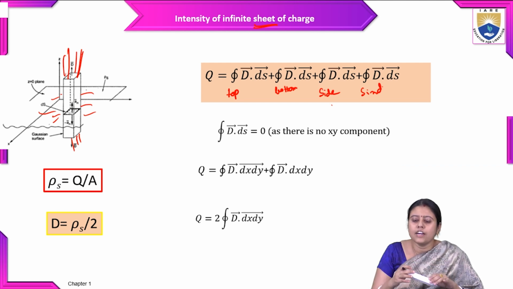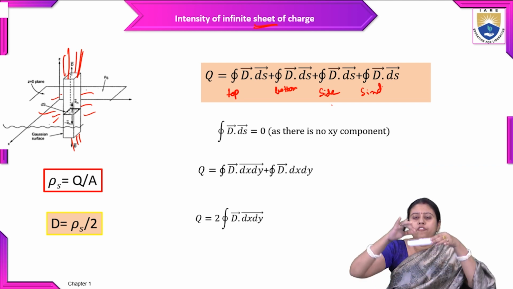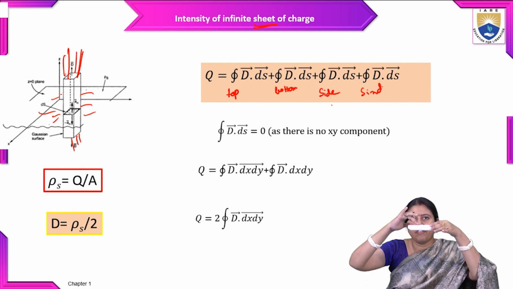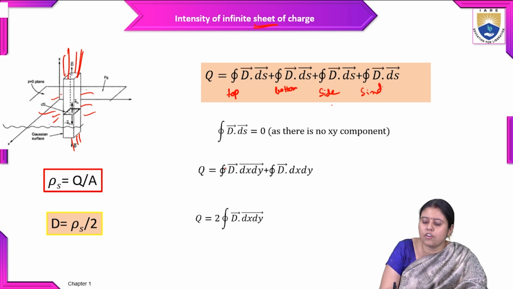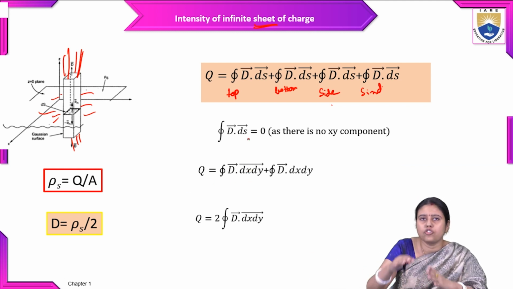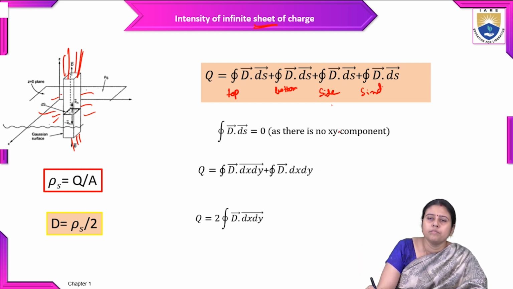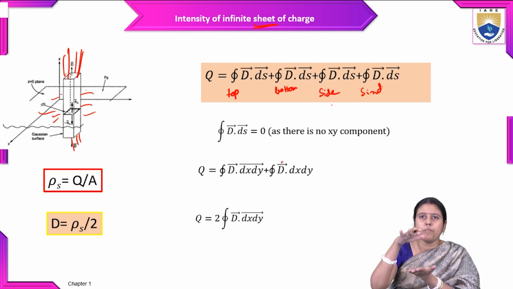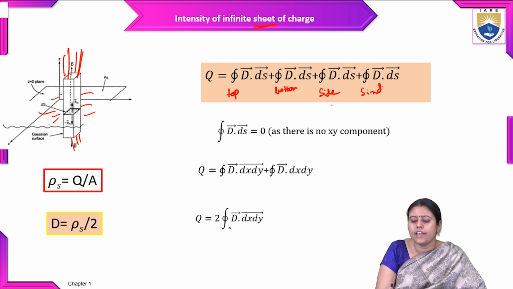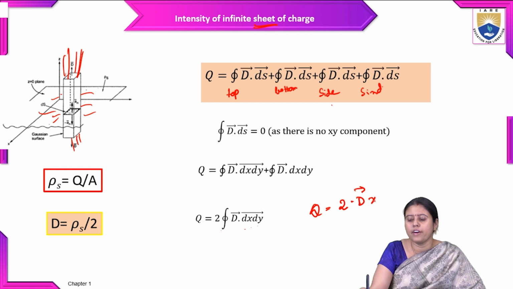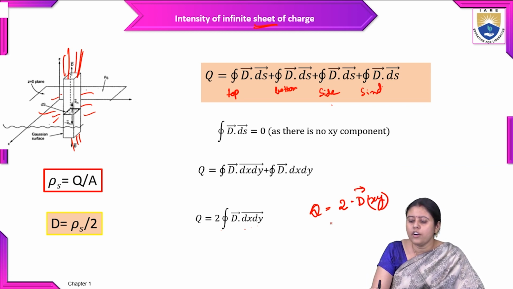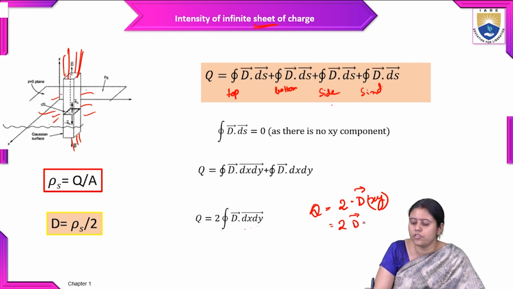So what will we get here? The flux is coming from the top and the bottom surface. So Q is equal to the integration of D dot dx dy for top plus D dot dx dy for bottom. Both are the same, so Q is equal to 2 D dx dy, which is 2 D into a.